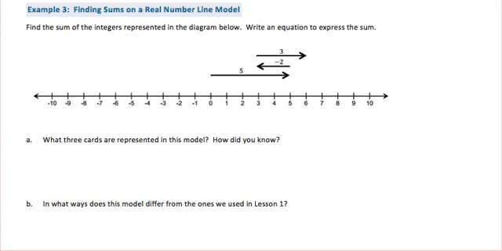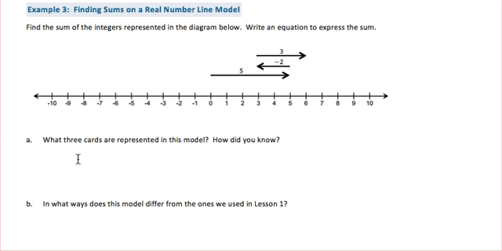In example 3, our vectors have been drawn for us, and we're going to determine what the problem is from the vectors. We're going to write an equation to express the sum, and we'll work from the number line position, and we'll work out from there.